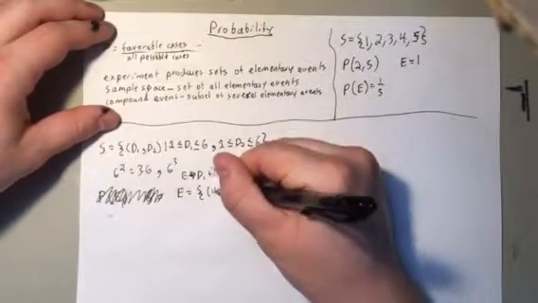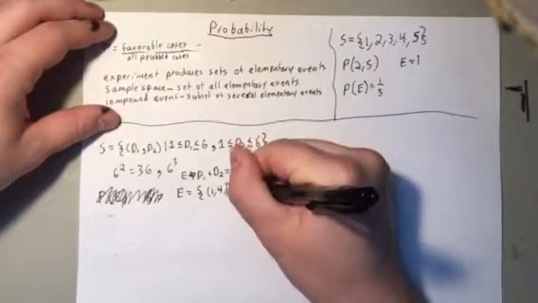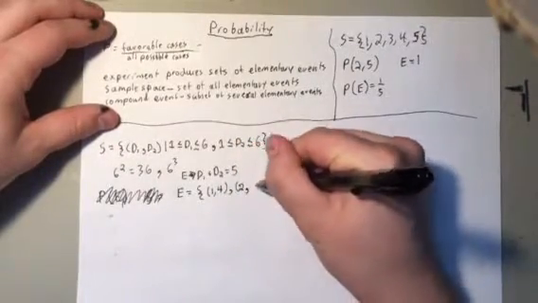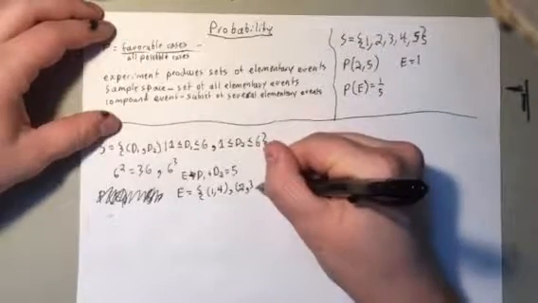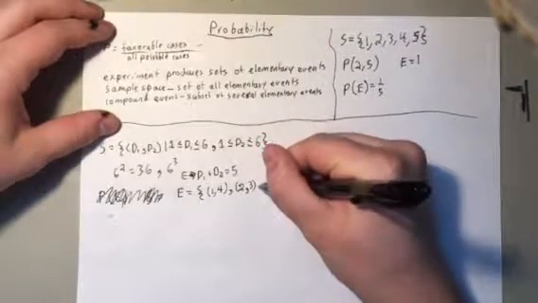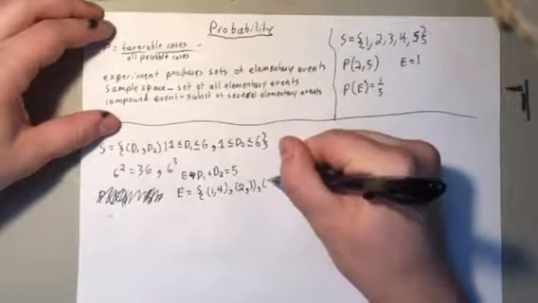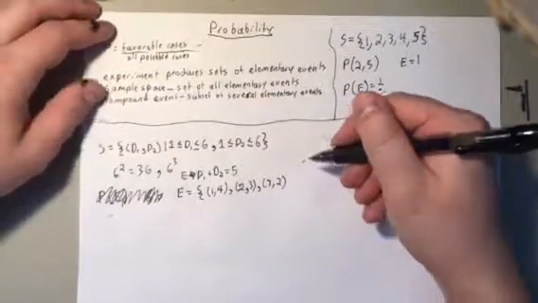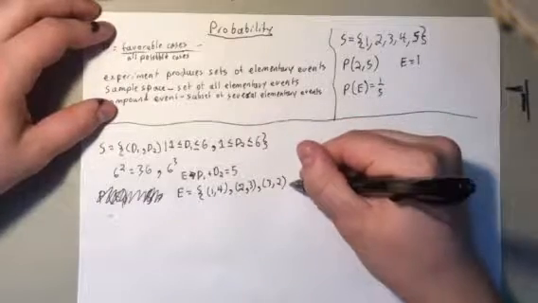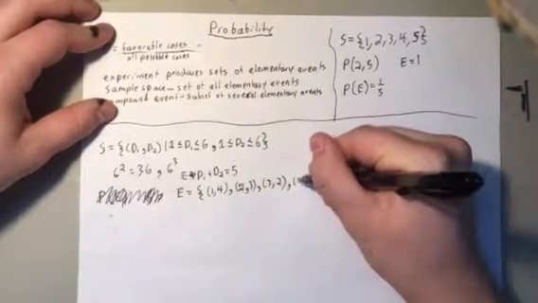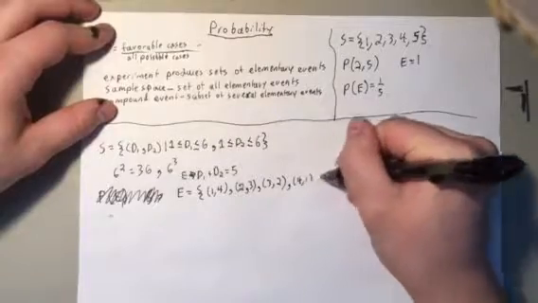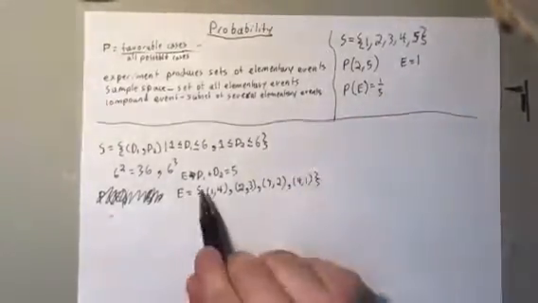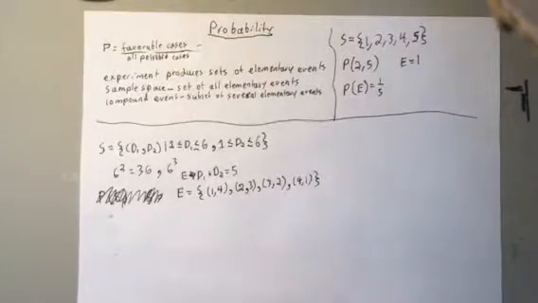One way would be 1 and then rolling a 4, and then 2 and 3, and then 3 and 2, and then 4 and 1. So that's all our possibilities for getting D1 plus D2 equals 5.